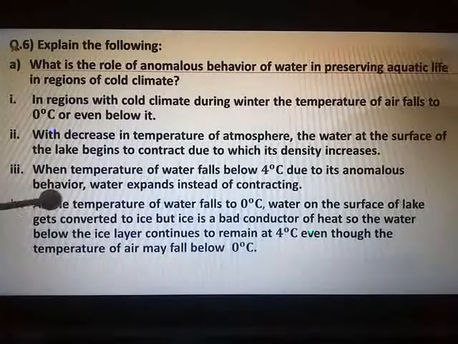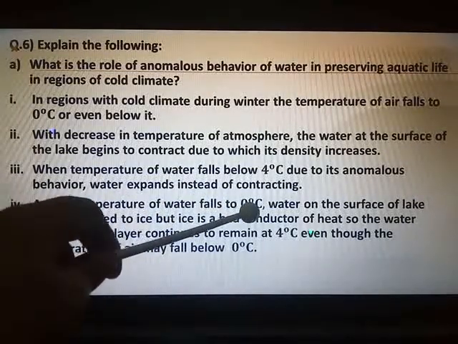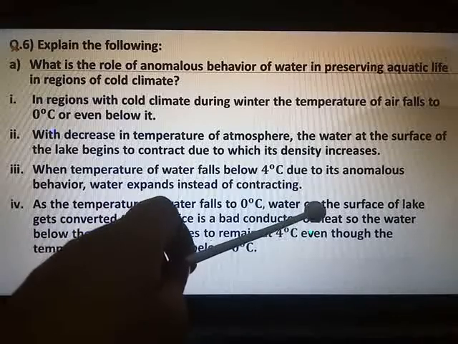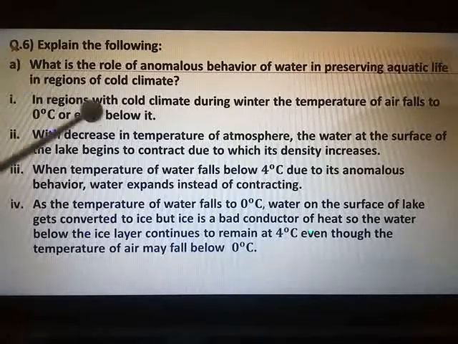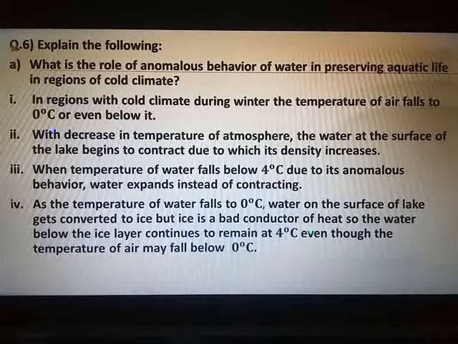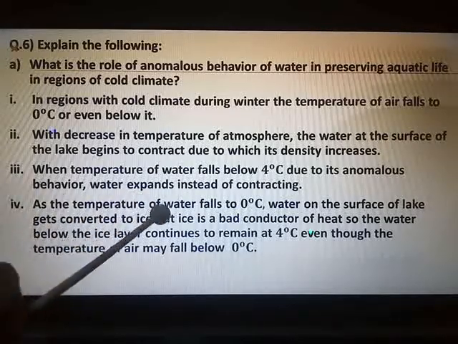So as the temperature of water falls to 0 degree Celsius, water on the surface of the lake gets converted to ice. We have told here that the temperature of the air falls to 0 degree or even below it. So when the temperature of water falls to 0 degree Celsius, what happens? Water on the surface of the lake gets converted to ice.